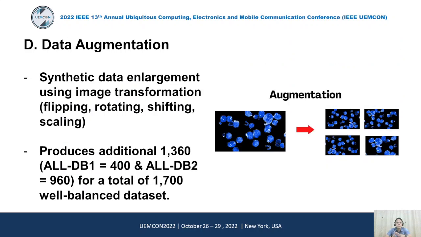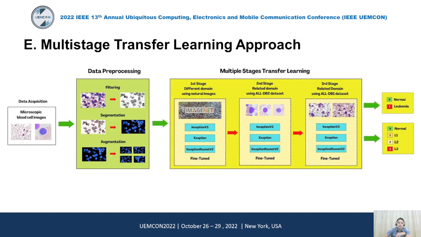Because we have a small dataset, we enlarge it using a synthetic method. We flip, rotate, shift, or scale. By doing this, we produce an additional 1,360 instances, for a total of 1,700, which is a well-balanced dataset.